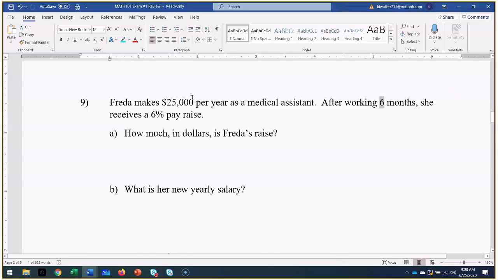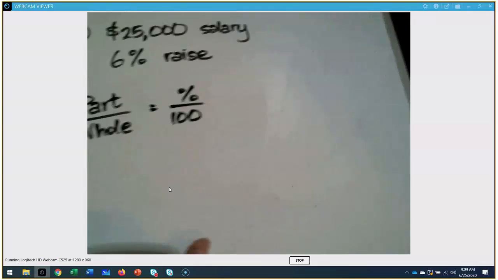You need the total, you need the percent, because what they're asking for is what part of this is going to go up. So immediately, just like in the last one, when I see a percent given to me and another amount, I'm going to go to the percent proportion and see what I can do to plug this stuff in.